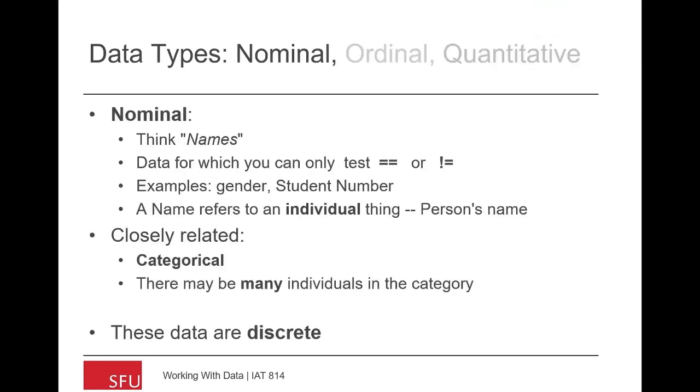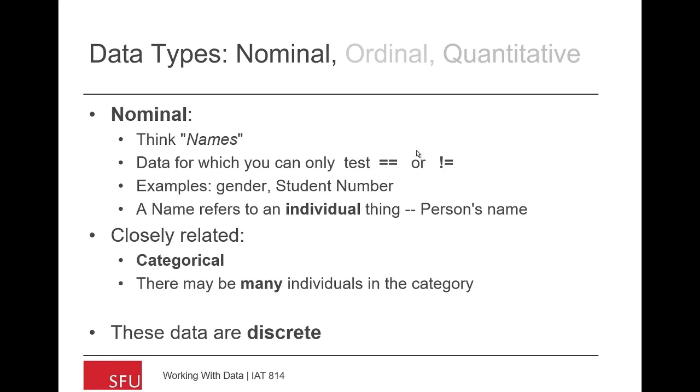So let's now talk about the various types of data that one can find in a data set. The first type of data is nominal data. And by nominal, think names, okay? That's data for which you can only do a very limited list of operations.